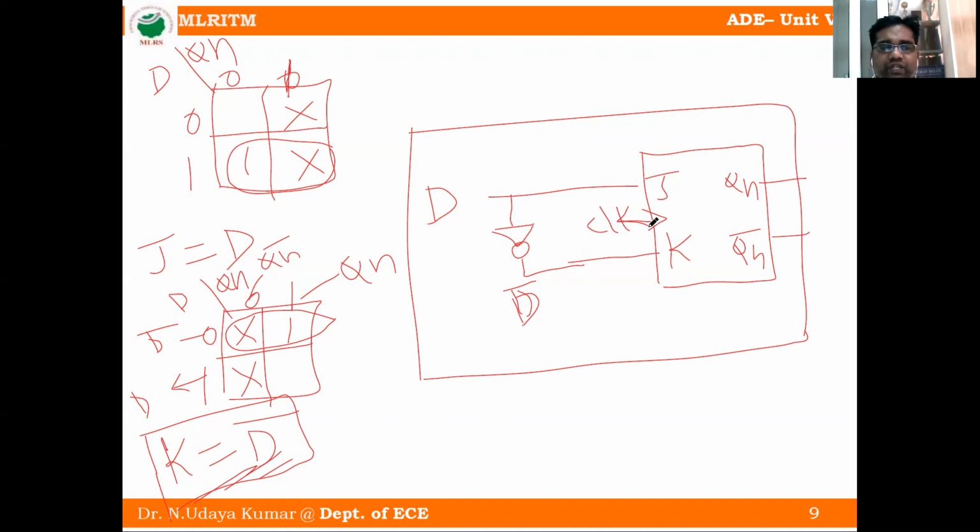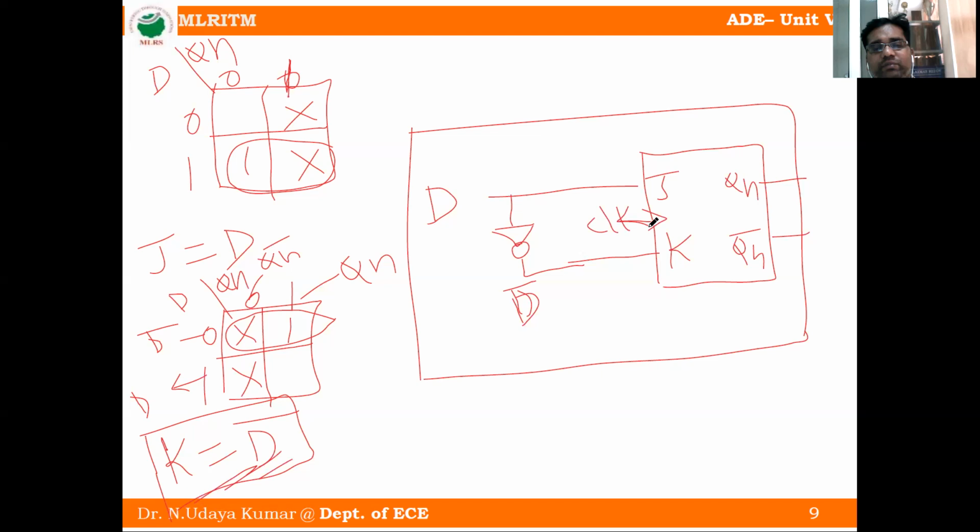When we go for conversions, it is because of what we have available. For example, I have an SR flip-flop in my hand and I want to use it as some other flip-flop. At that time, we convert the SR flip-flop into some other flip-flop.